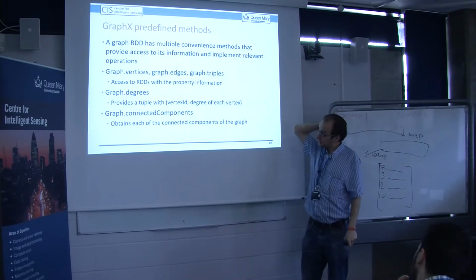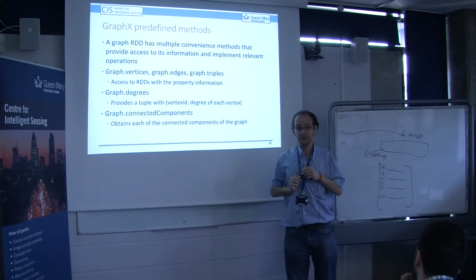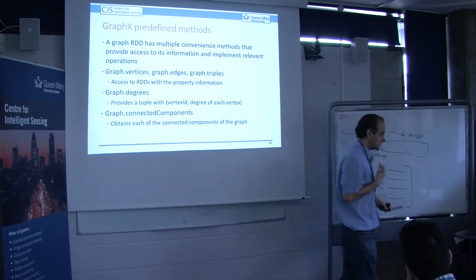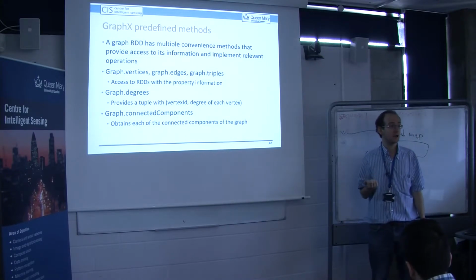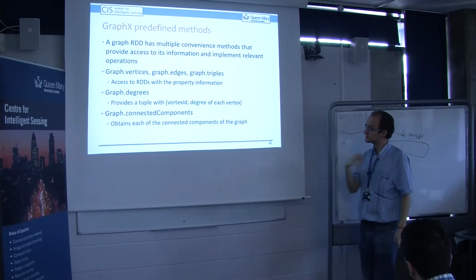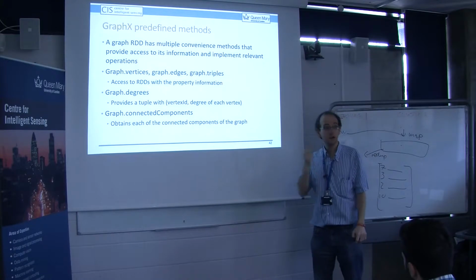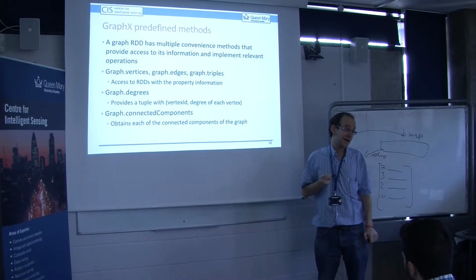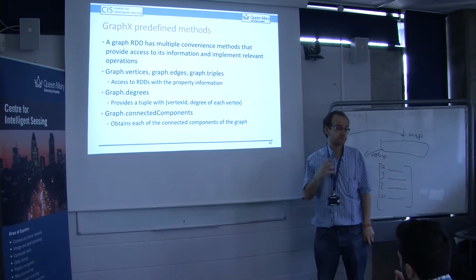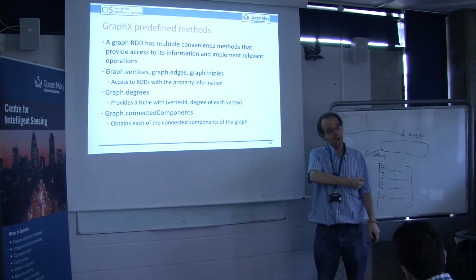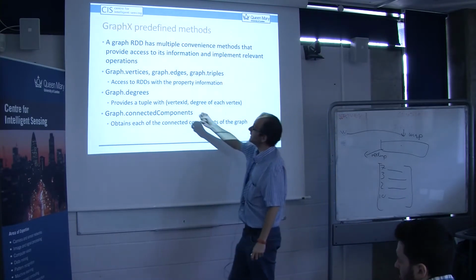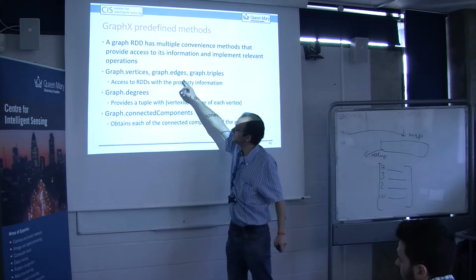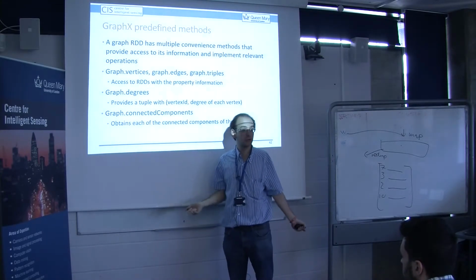The good thing about GraphX is that it is a pretty feature-rich library. Once we have loaded a graph, there are lots of methods that we can invoke to get access to useful ways and derive properties from the graph. We can get the list of vertices, the list of edges, and do something with them.